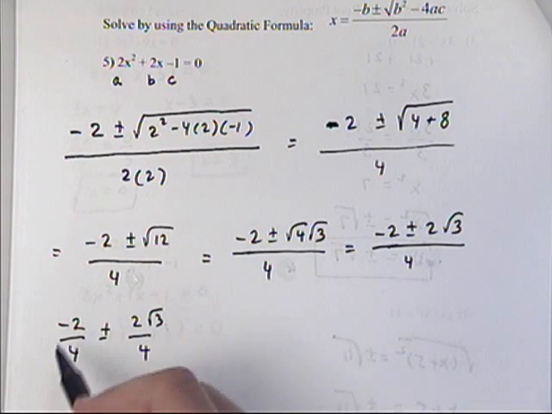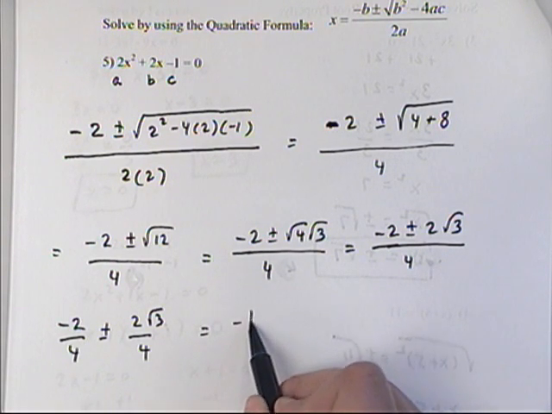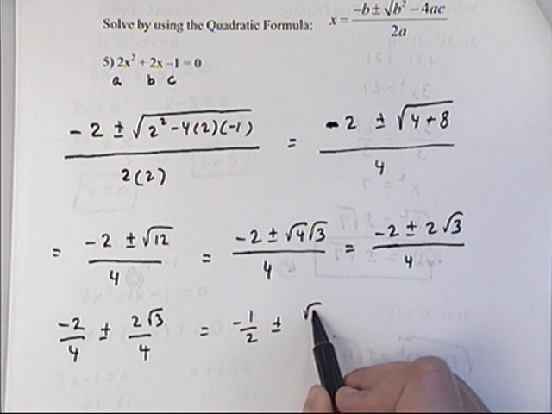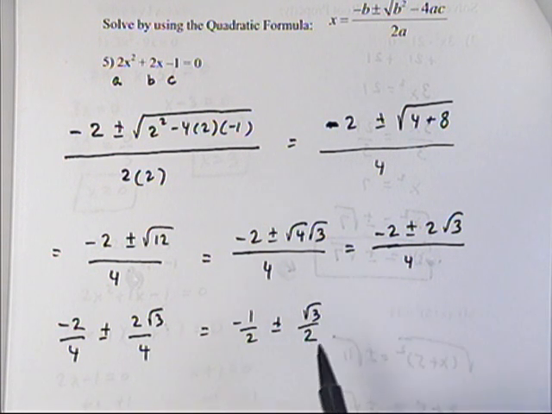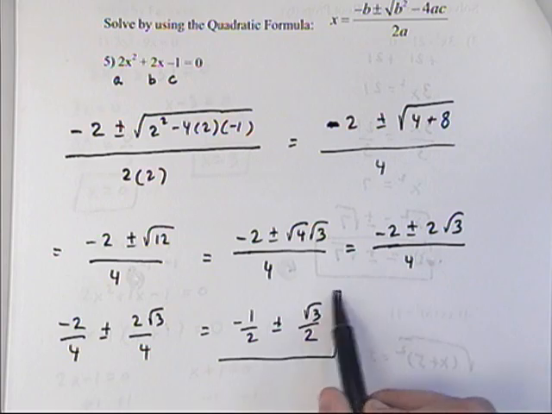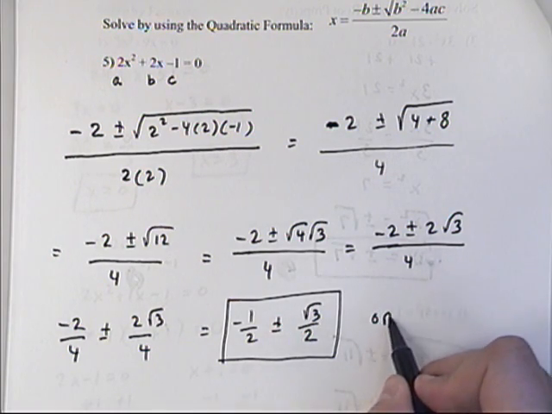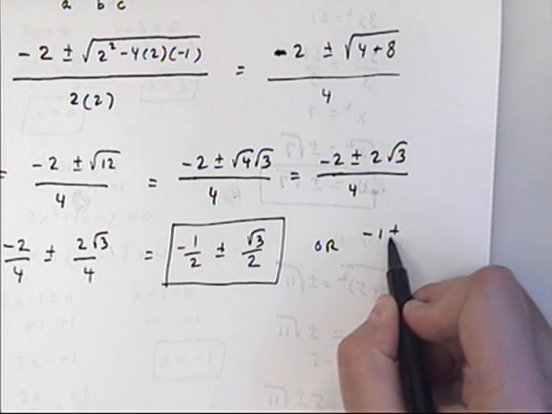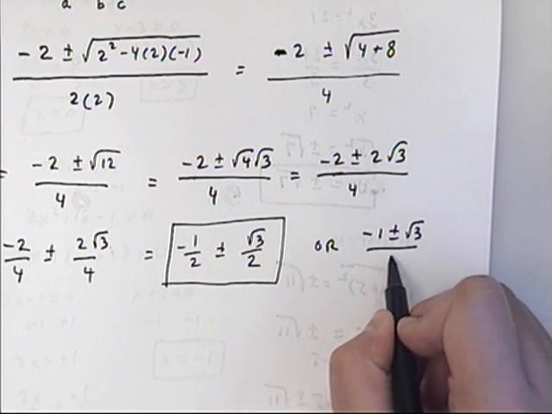And if I reduce the first fraction, I get negative 1/2, and the second one would be square root of 3 over 2. So you can leave your answer like this, or you can put it back together as negative 1 plus or minus the square root of 3 over 2.